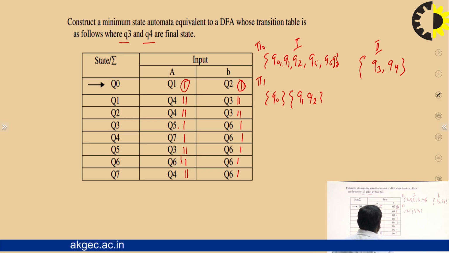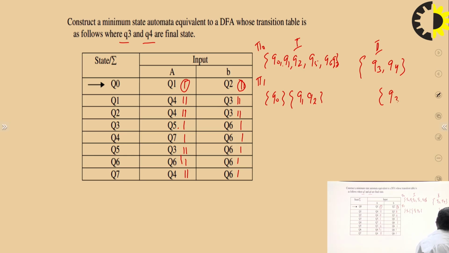Q3 and Q4, again we check, have similar behavior, so they lie in the same set.